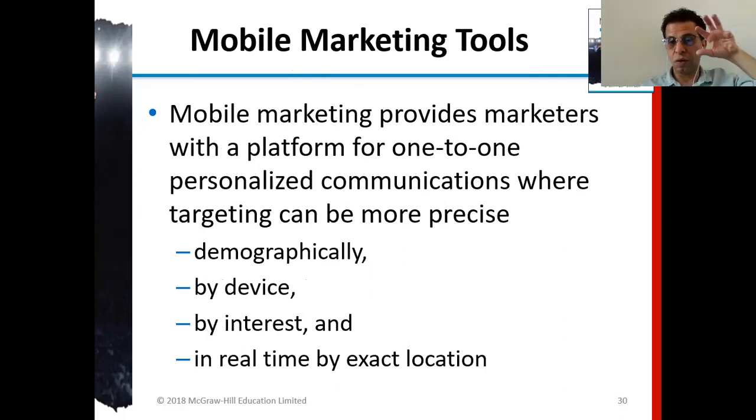You can categorize and target by demographics, or we can say age, color, race, or the device, whether they use a laptop or the mobile or other tools. By interest, you can also categorize them, and by exact time and location. Like, he's walking to a restaurant, you locate him and you find out the restaurant.